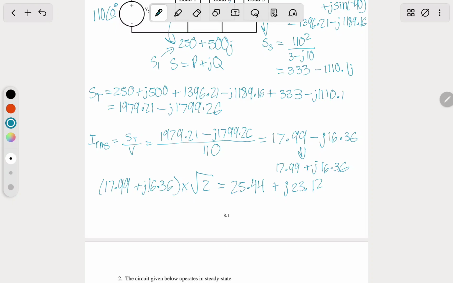Then we convert this into its polar form, and that gives us 34.38 at an angle of 42.27.